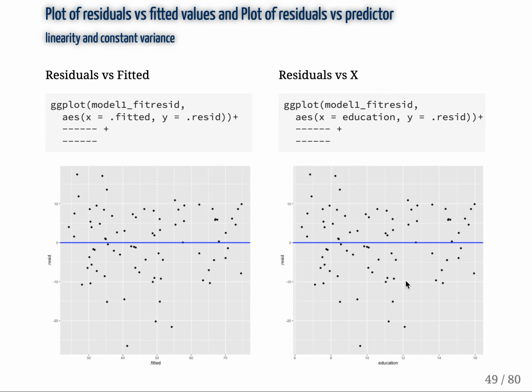Furthermore, it is also good to plot the residuals against any predictors that are not in the model. If any of these show a pattern, then the corresponding predictor may need to be added to the model. It is important to keep in mind that if you stare at a scatter plot of completely random points long enough, you will start to see patterns even when there are none.